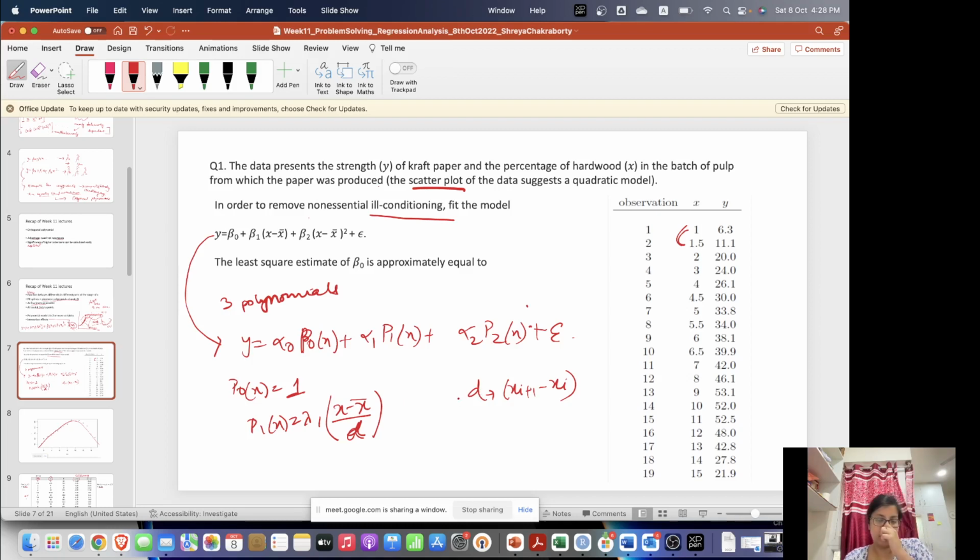So far in the questions that we have done in the class, we have seen that the x's are increasing uniformly. So in that case, D was the difference between any two subsequent x observations. Like if this was 1, 1.5, 2, 2.5, then we could have written D equal to 0.5.